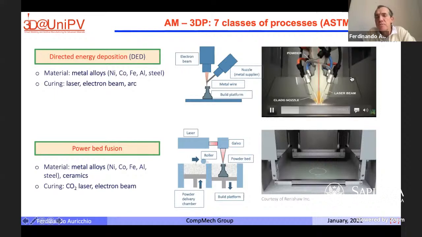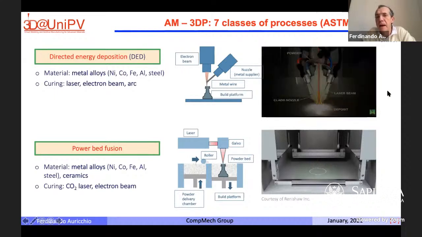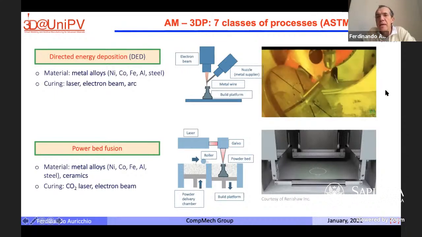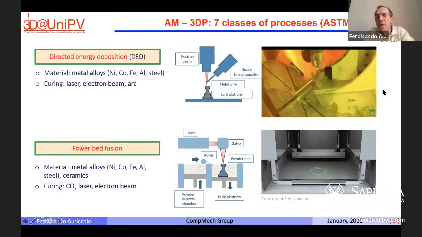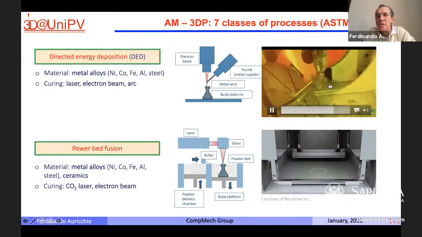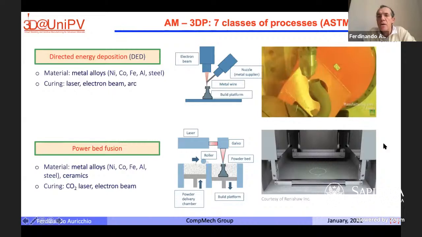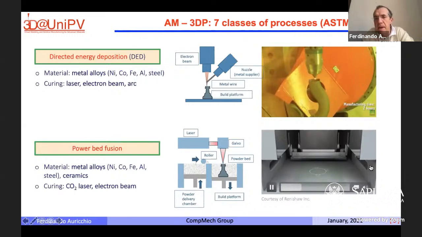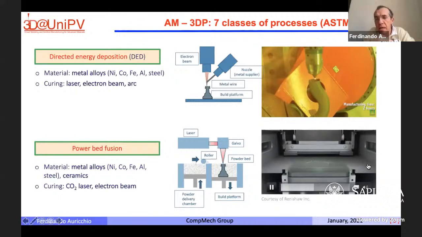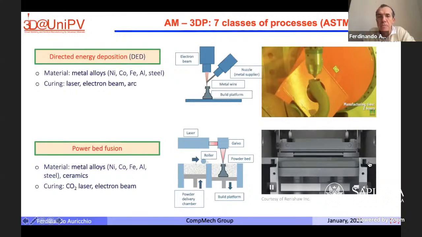In direct energy deposition, you spray some powder, and while you're spraying, you go through a laser beam which melts the powder, and once the powder touches the object, it solidifies. Or you can have a laser which melts a layer of powder, and then you keep depositing layers of powder, and the laser keeps melting the material.